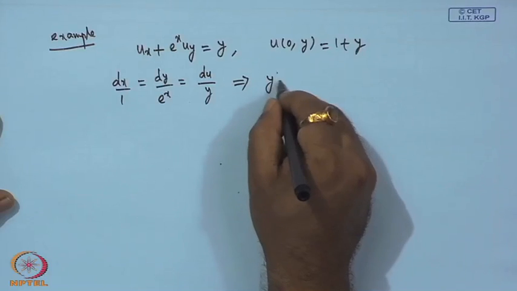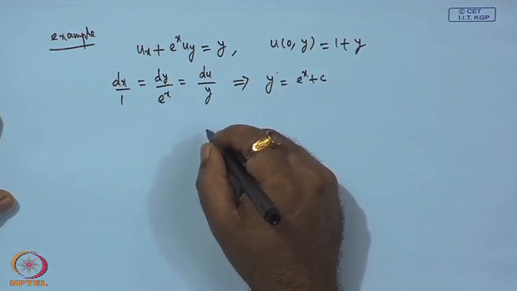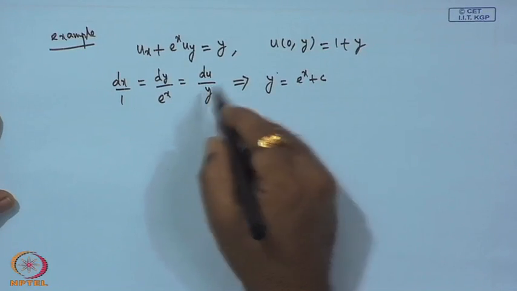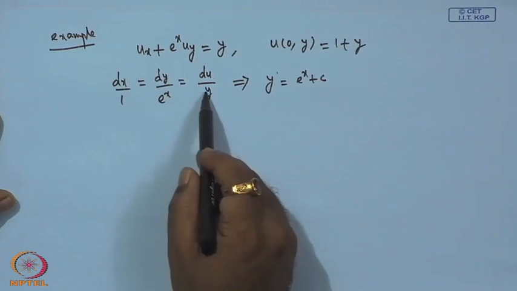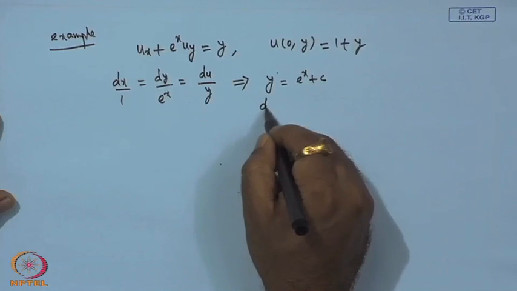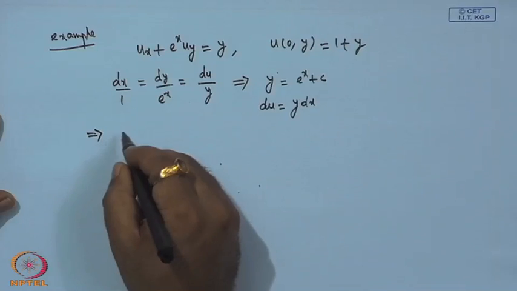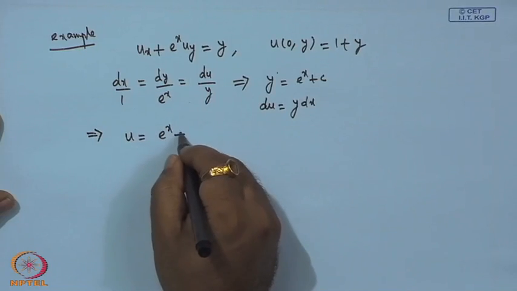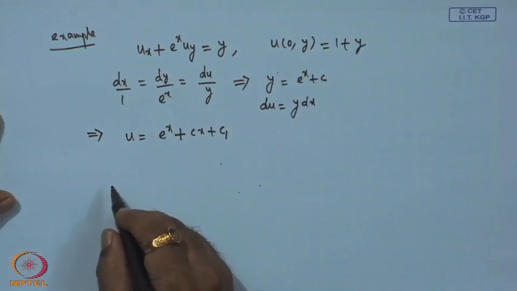So, solving these two, then we solve du is y dx. This implies u equals to the total.